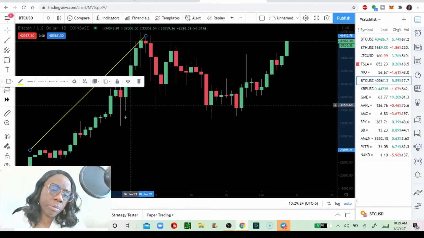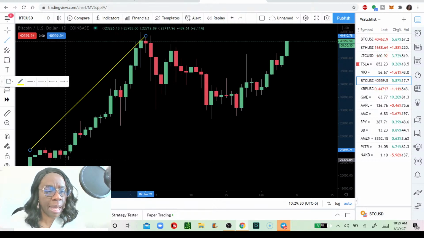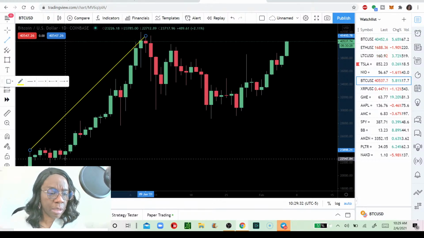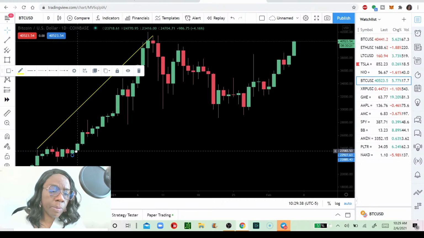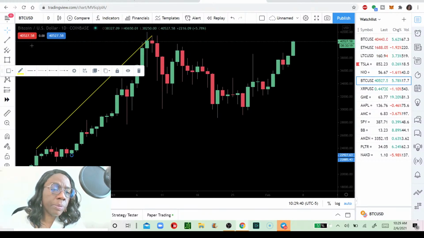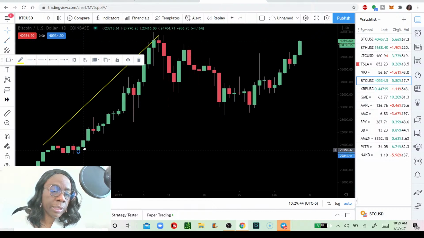So again, we'll highlight our trend line and draw our swing lows, and I will take it from this point. Let's highlight that again. Take a swing low from this point.